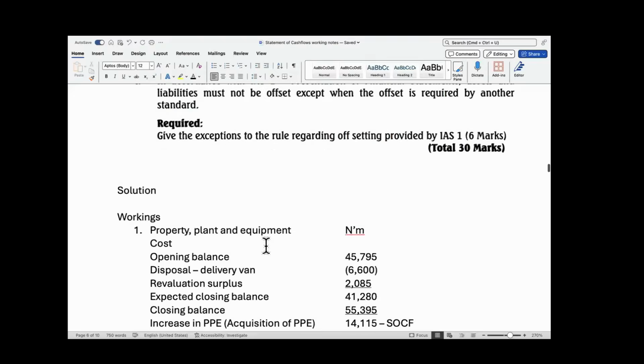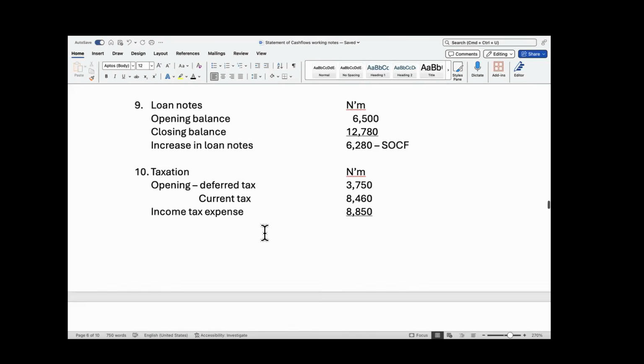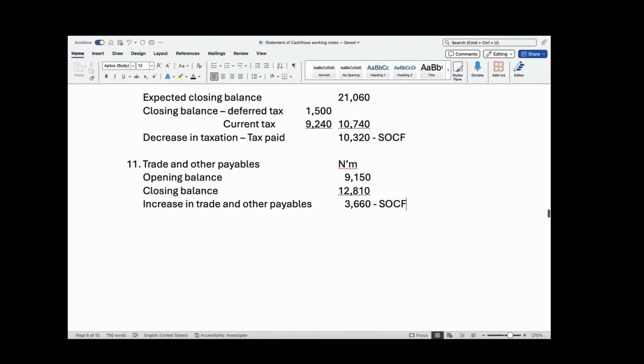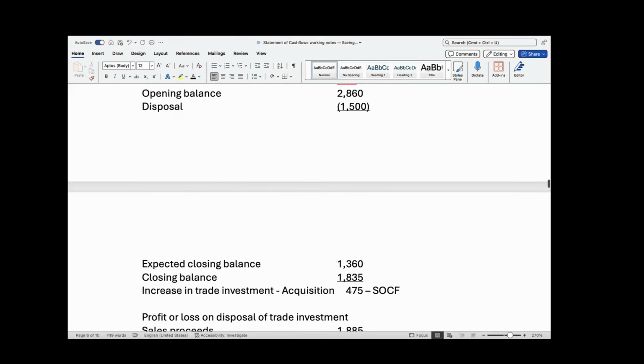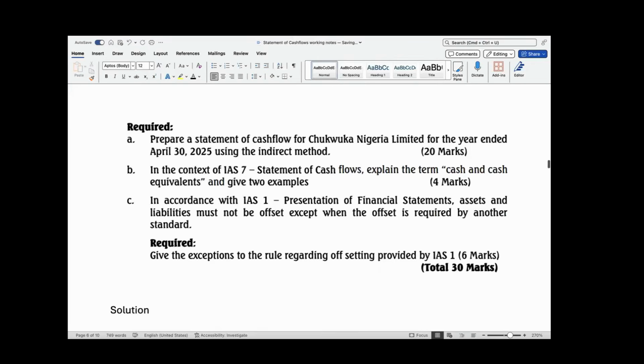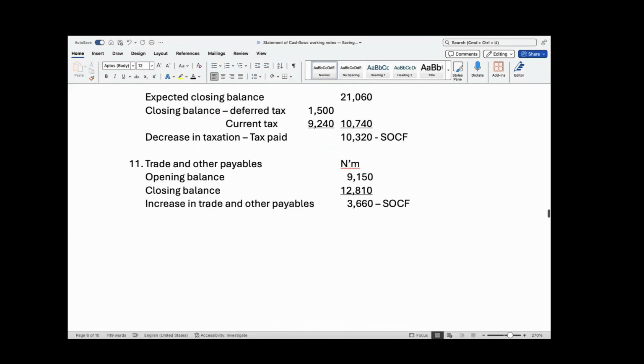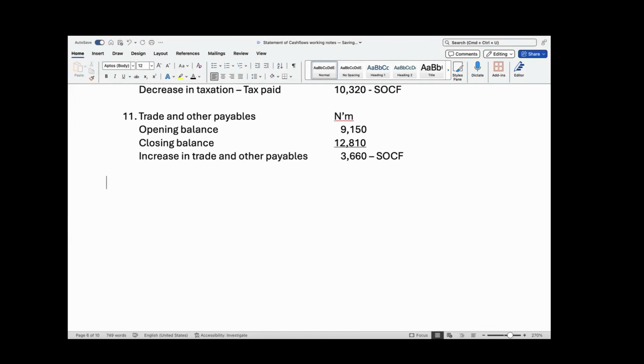So let's prepare the statements straight up. What's the name of this company? Shuko Nigeria Limited. Statement of cash flows.